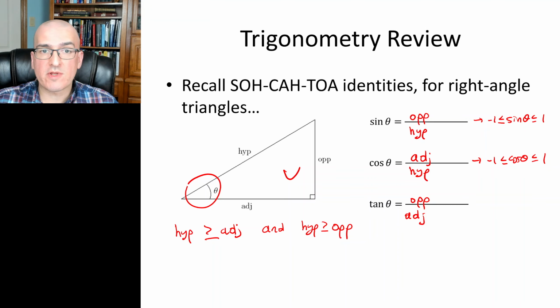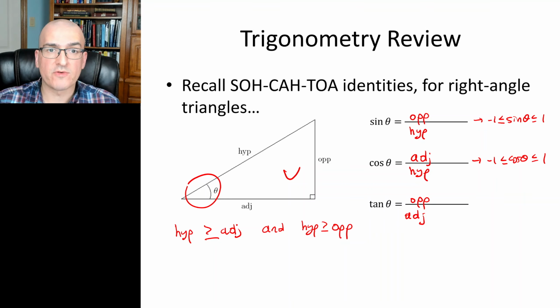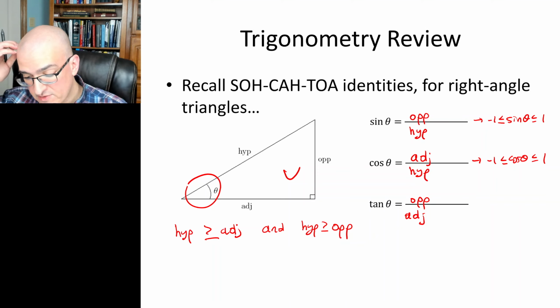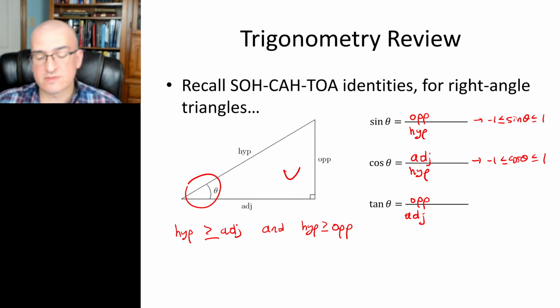Cosine has the same property. The cosine of theta is always between -1 and +1, and it all has to do with the hypotenuse being bigger than the opposite and bigger than the adjacent. Tan theta has no such restriction. The tan of theta can take on any value from -infinity to +infinity.